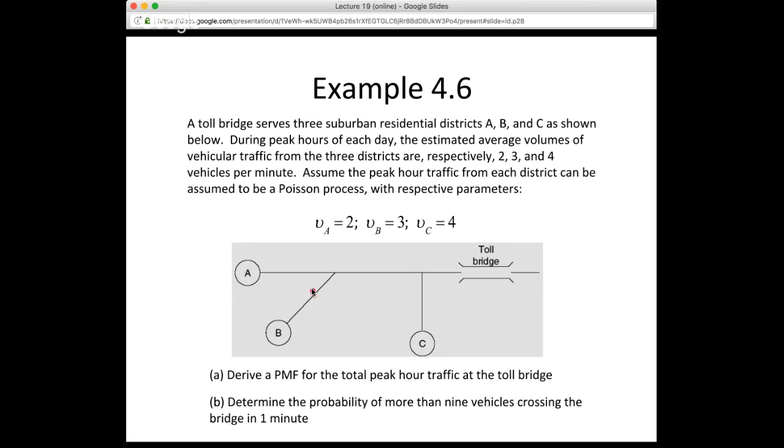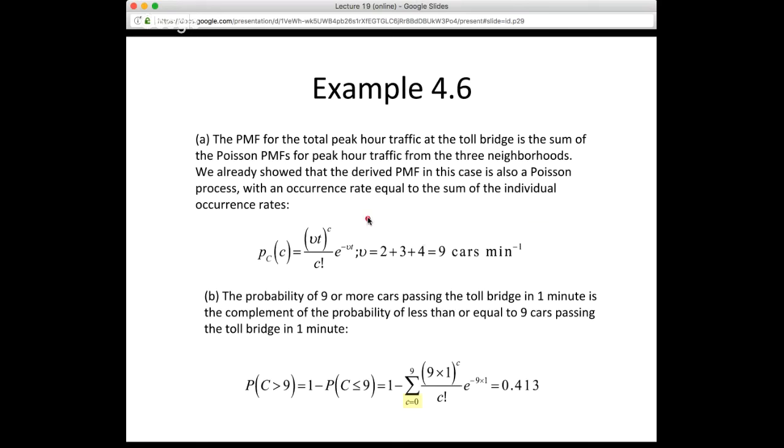Not only that, but we also showed that the occurrence rate for that new derived Poisson process is just the sum of the occurrence rates for the individual statistically independent random variables, in this case A, B, and C. So putting it all together, the PMF for cars crossing the toll bridge is equal to (νT) raised to the c, the number of cars, over c factorial, times e to the minus νT.